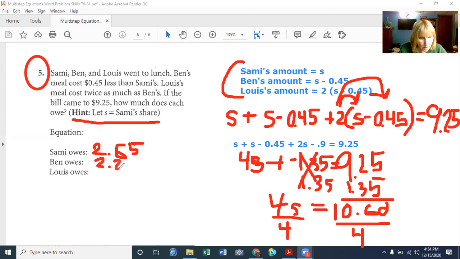And then Louis would be what? Plug in our value for S, $2.65, go up to the original equation here. So $2.65 minus 45 cents, 2.65 minus 0.45, that gives us $2.20, and then we have to times it by the 2, 2 times 2.20, $4.40.